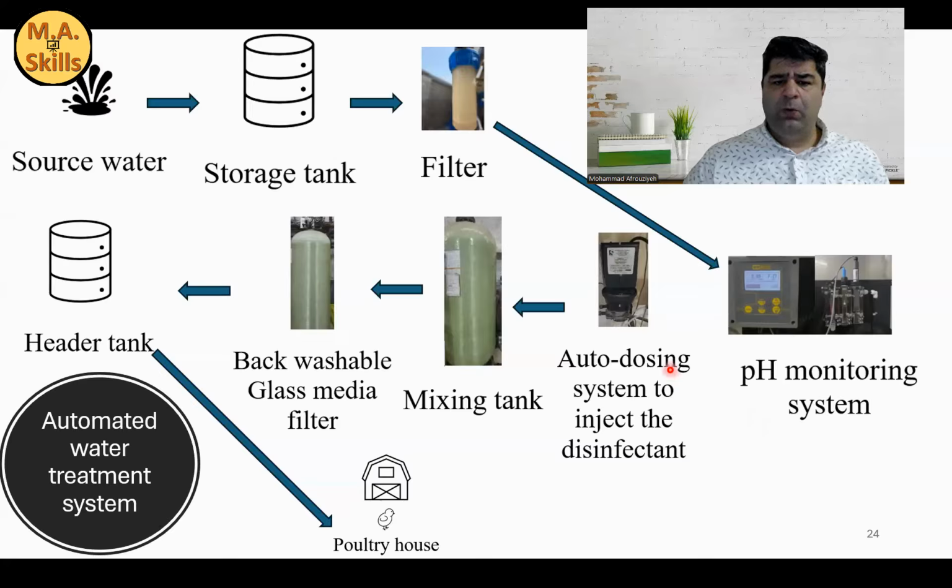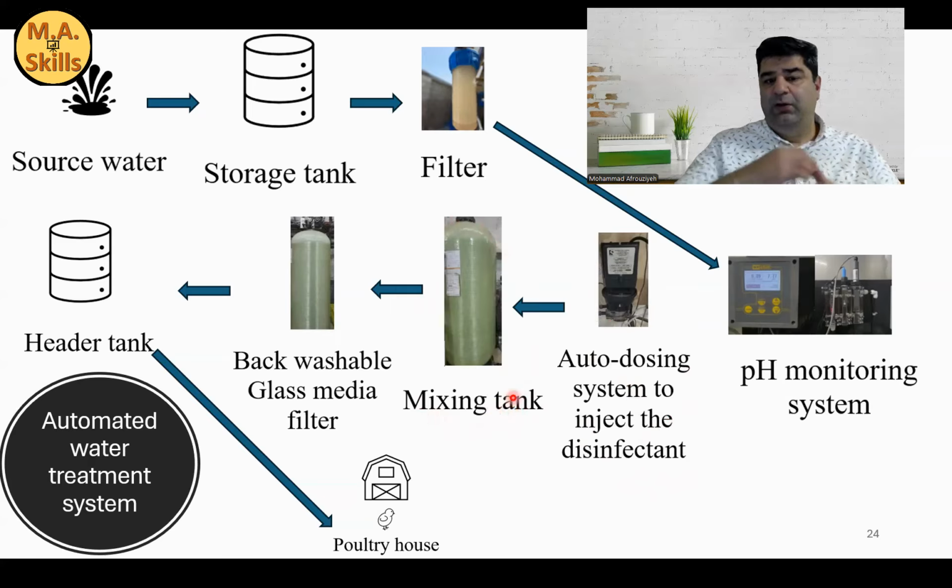And then we need to monitor the pH to see if pH is appropriate to inject our chemicals. So we do have an auto-dosing system to inject disinfectant like chlorine, chlorine dioxide or hydrogen peroxide. And then after injecting the disinfectant, we need to send water to a mixing tank.